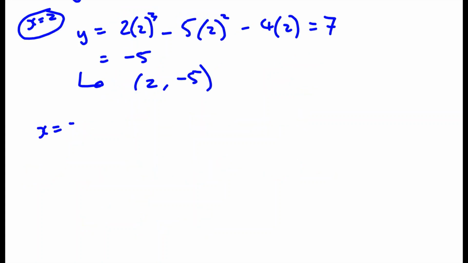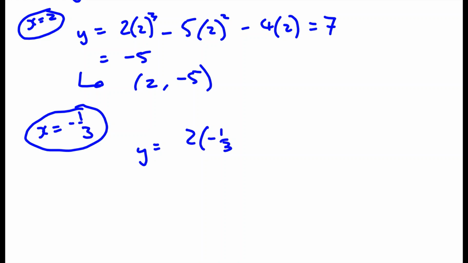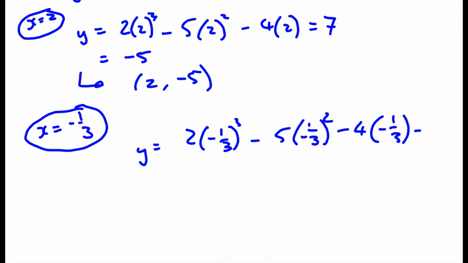Now when x is negative a third, I'm going to substitute that in. 2 lots of negative a third cubed, take away 5 lots of negative a third squared, and then take away 4 lots of negative a third, plus 7.